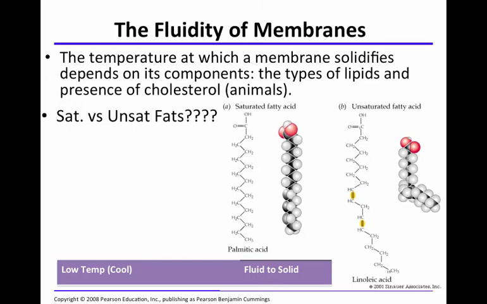Let's just say we're talking about a plant cell in a low temperature. It will want to go from a fluid state to a solid state. But is there something in these membranes that will allow the membrane to survive? There has to be a way.